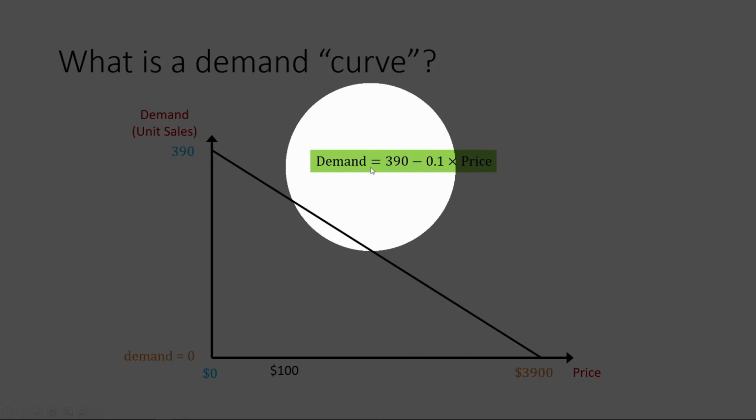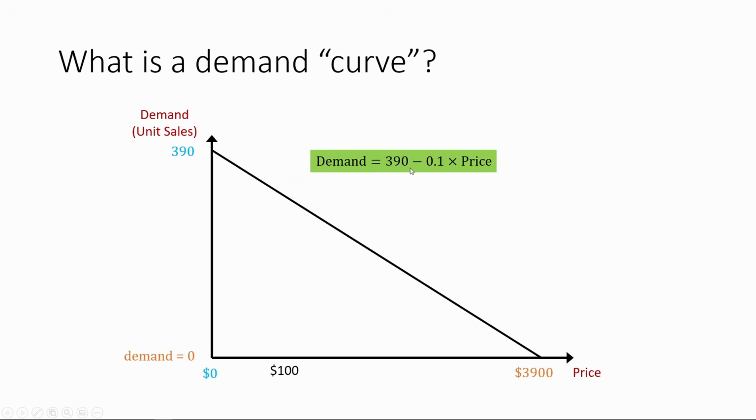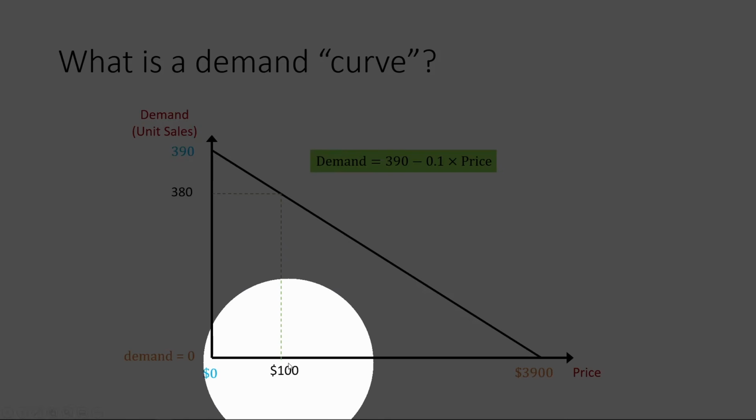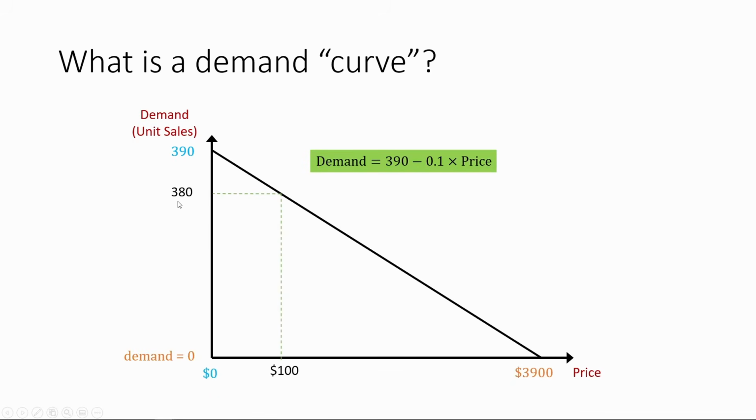And then the demand would be 390 minus 10, that's 380. Graphically, it looks like this. At the price of 100, you get a demand of 380. So each dot along the demand curve represents a relationship of a price level and the corresponding demand level. That's what the demand curve represents.